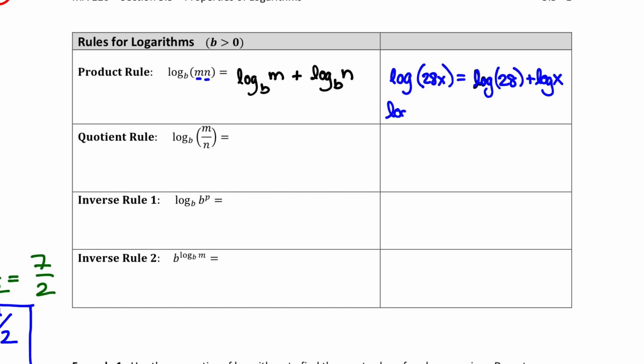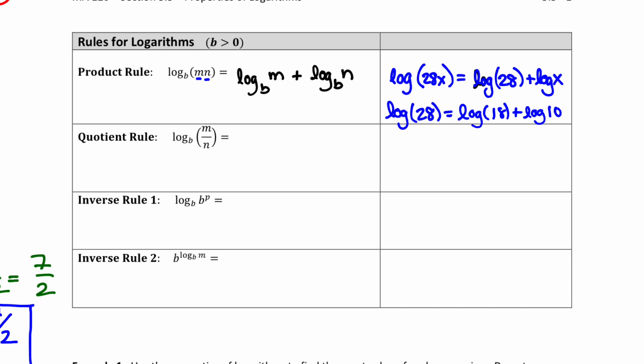But I could also have done anything, really. If I had just 28 in here, I could rewrite that as the log of 18 plus the log of 10. It's pretty cool. You could check it on your calculator. Or the log of 20 plus the log of 8. It would be really cool if you tried that out. But if you have a product inside, you can break that up as the sum of the two elements.